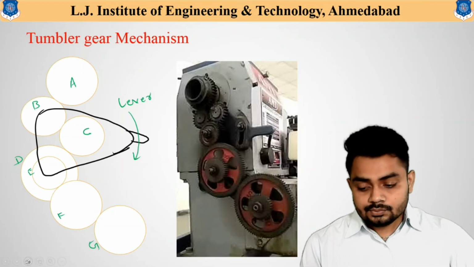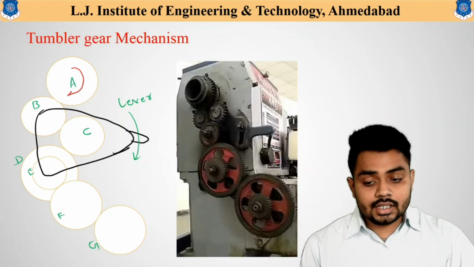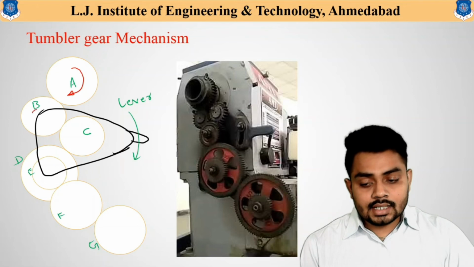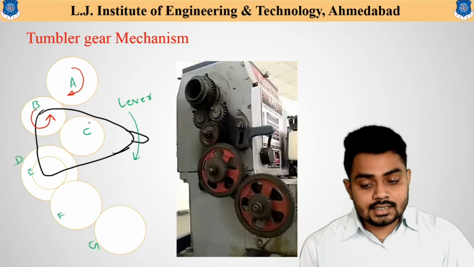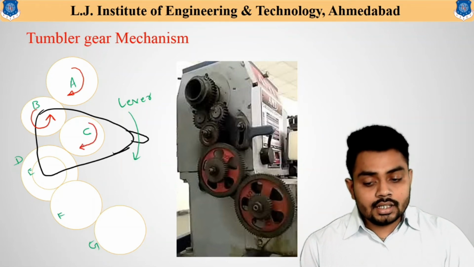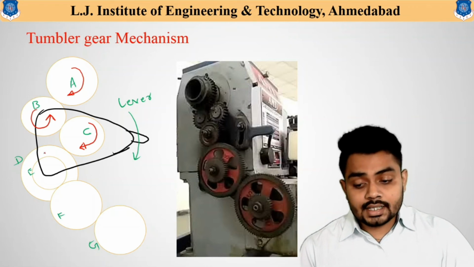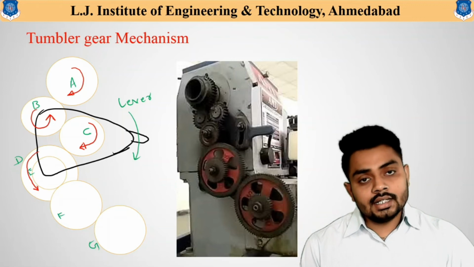Now again, let us say gear A is rotating in the clockwise direction, so gear B starts rotating in the anti-clockwise direction. Again, B and C are connected, that means gear C rotates in the clockwise direction. As gear C rotates clockwise, gear D rotates anti-clockwise.